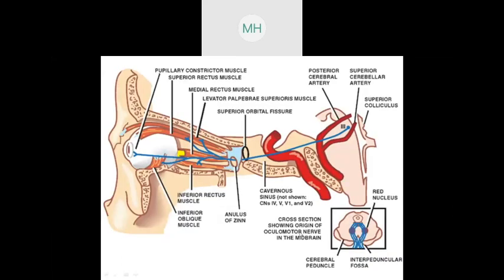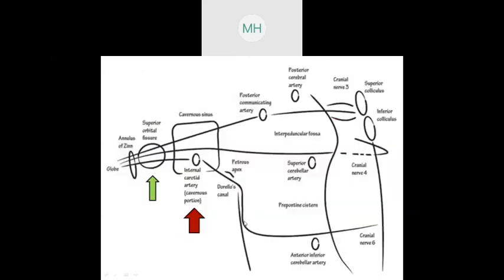So this is the course of the third nerve, the oculomotor nerve. After the oculomotor nucleus, it travels through the internal carotid region and the superior orbital fissure, and goes to the extraocular muscles. Other cranial nerves also have this kind of pathway. So it's good to know generally where the nerves are bundled together, so you know the location. For this patient, the location is the cavernous sinus. The abducens, the trochlear, and the oculomotor nerves are all bundled together.